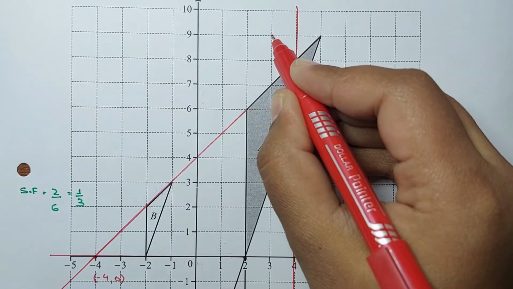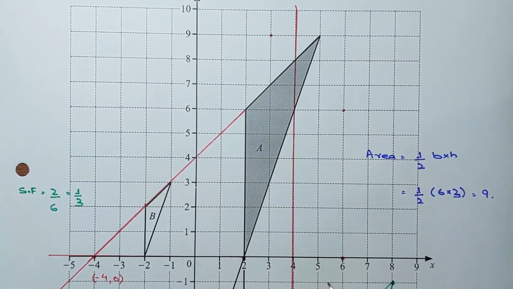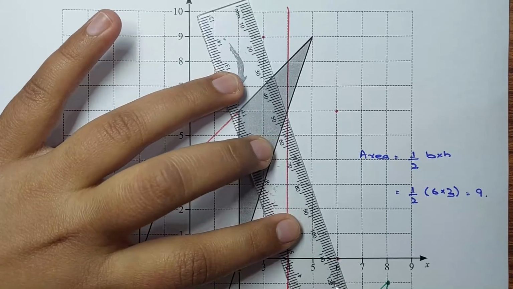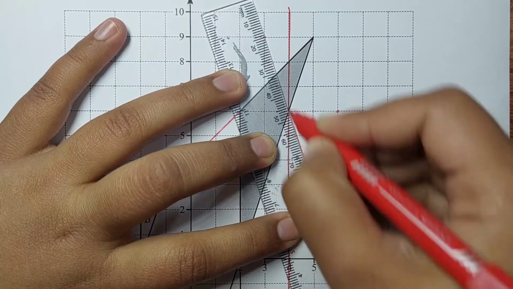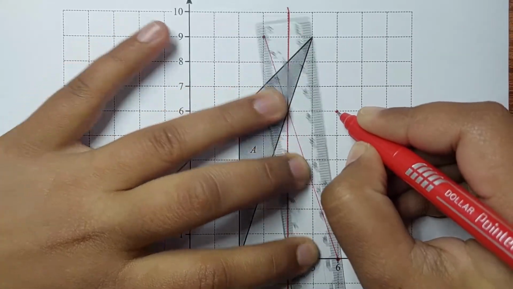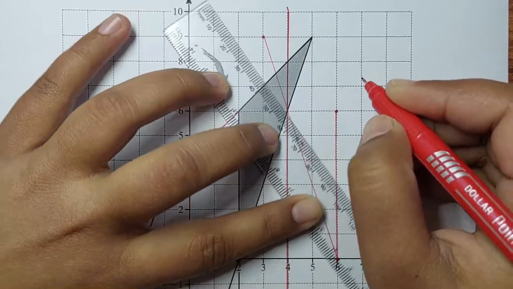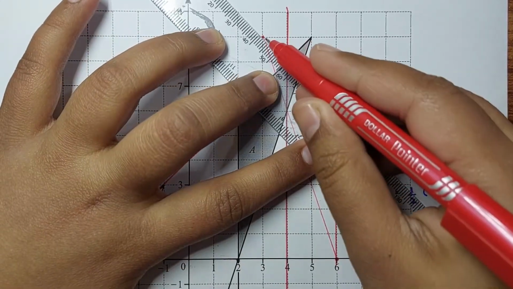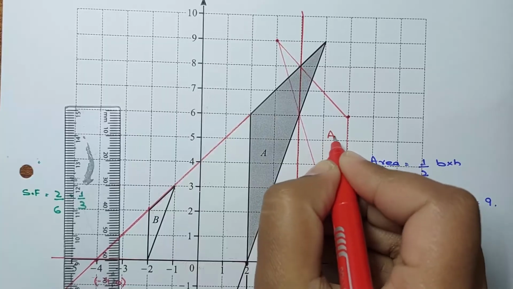So we can find 3, 9. All right. This is triangle A after reflection in a line x equals to 4, right? I hope this is clear now.